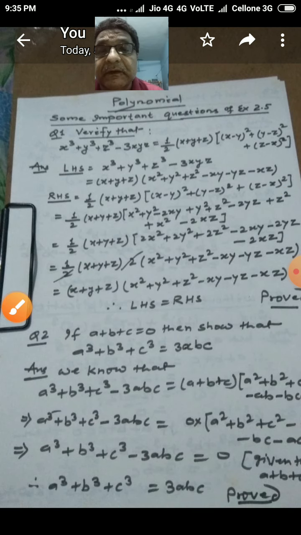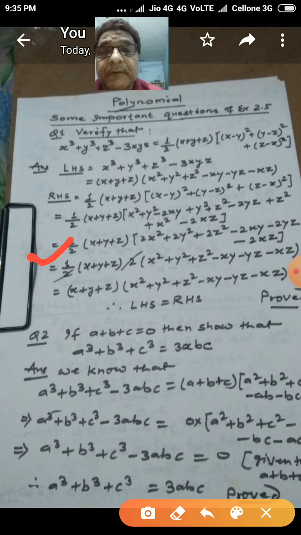Now the next step is half into x plus y plus z into, on simplification, the other bracket we have 2x square plus 2y square plus 2z square minus 2xy minus 2yz minus 2xz.